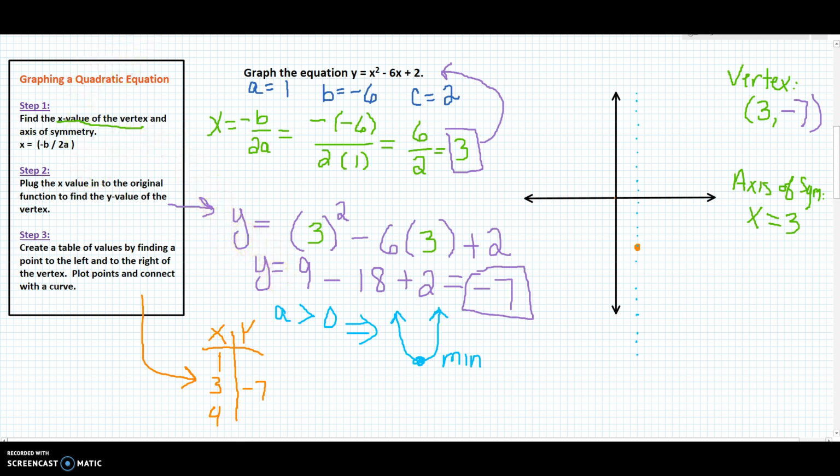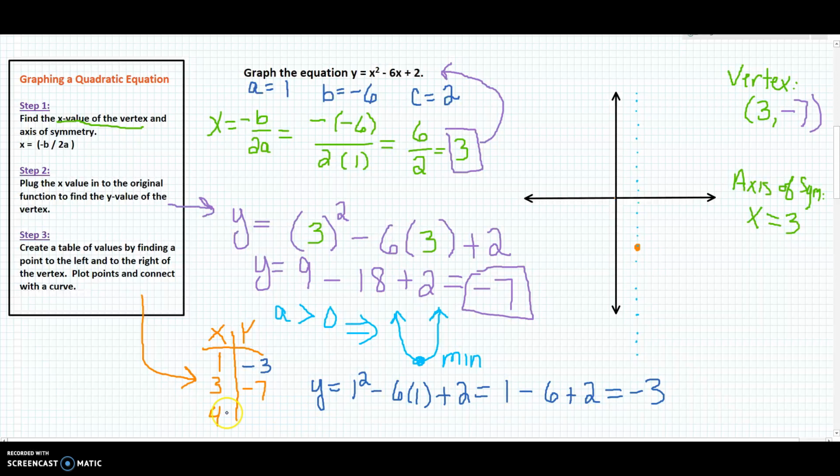And I'm going to complete step 2 again by plugging in these x values. So now I have y equals 1 squared minus 6 times 1 plus 2. So I get 1 minus 6 plus 2, which equals negative 3.